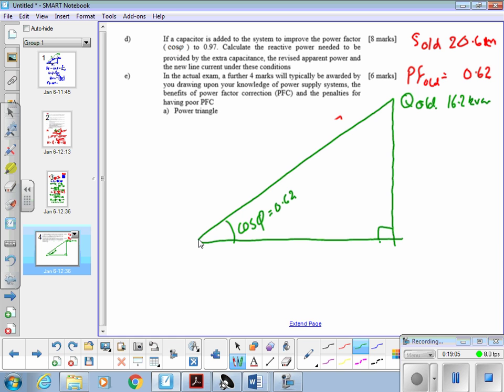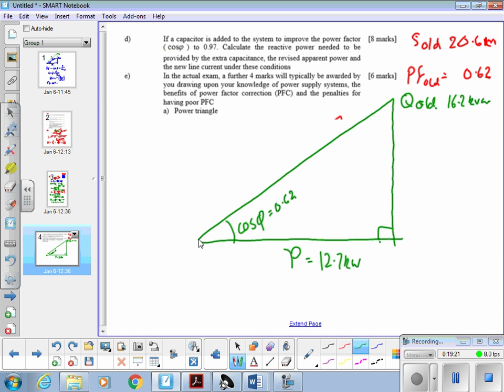P, which is not going to change, was 12.7, was it? Okay.